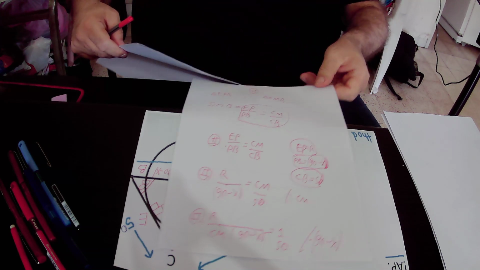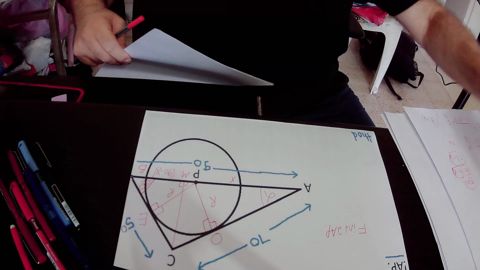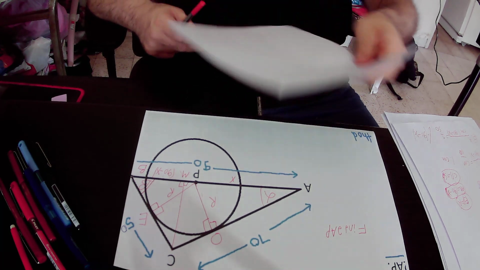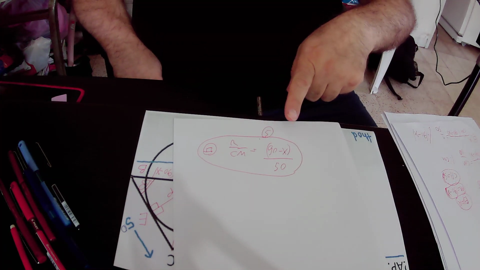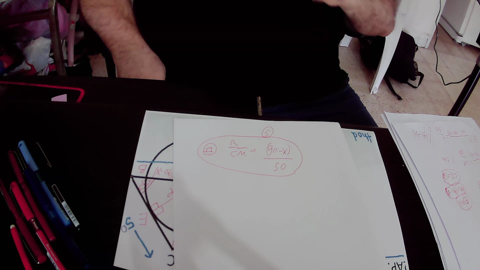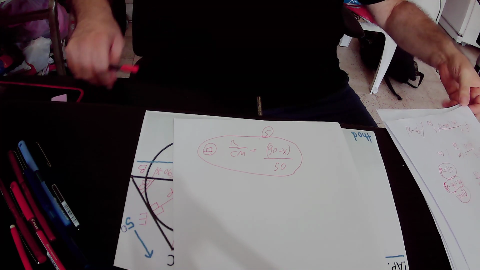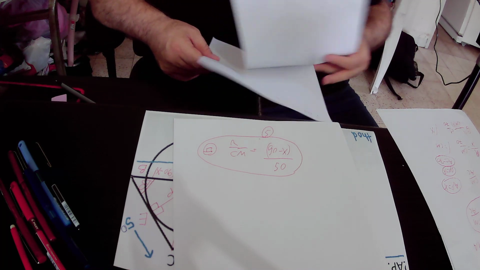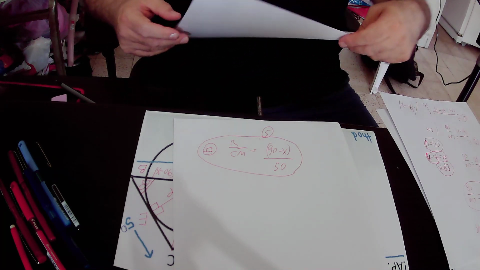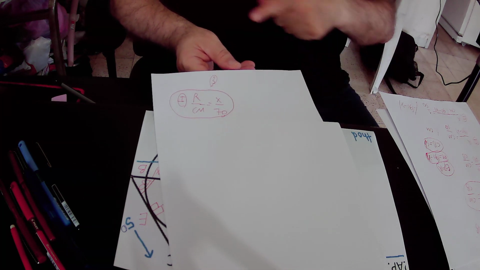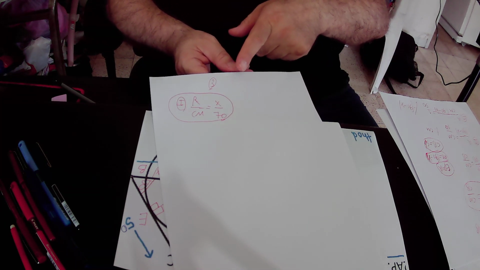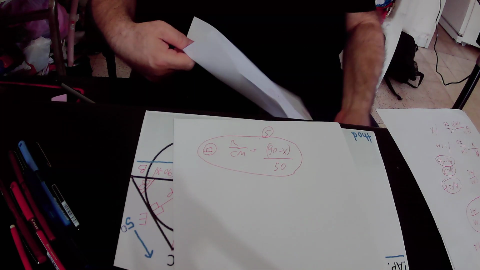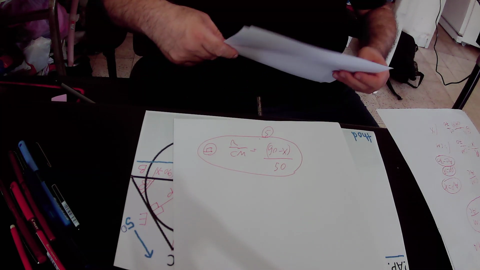Okay, so in total we got that R over CM equals 90 minus X over 50, but from the first equation we know that R over CM equals X over 70. So we can write it down.